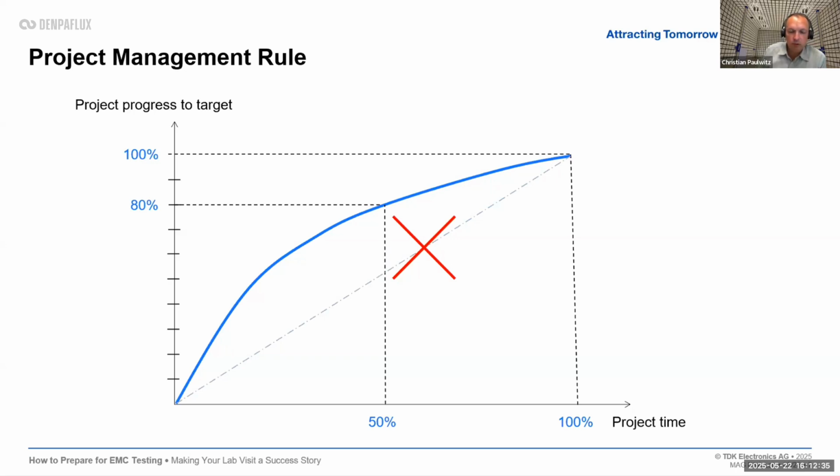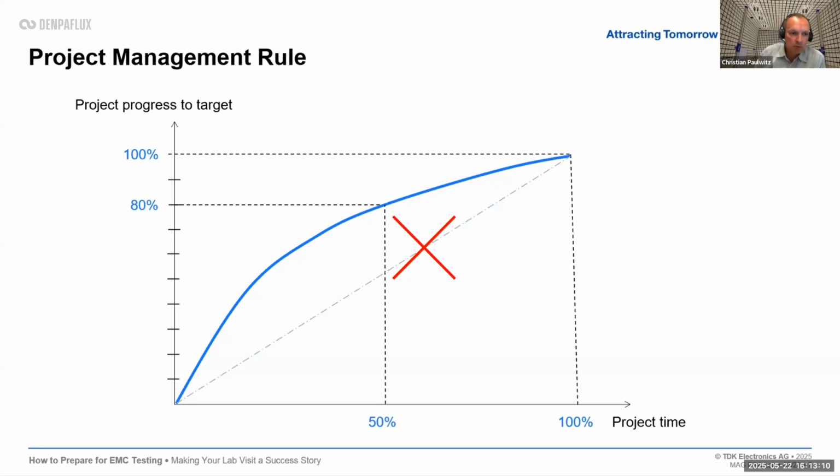The typical project fulfillment way is roughly to have 80% reached of your target at 50% of your time. So you need to do really a lot in the beginning, also ensuring EMC in an EMC project and a development project. If after 50% of your time you do not have your EMC work more or less done, and you are not sure about how the concept is and that it works, then it will really be hard to reach your target.